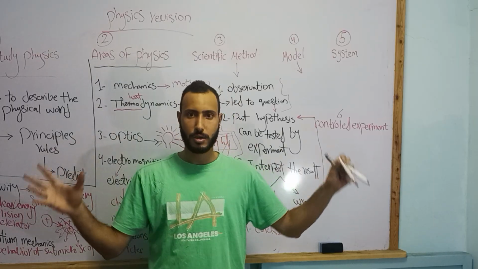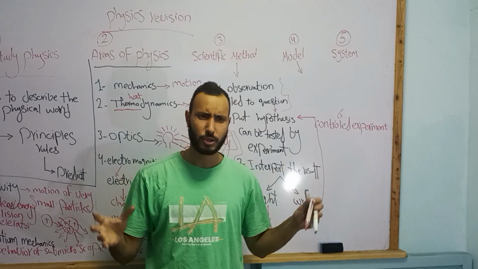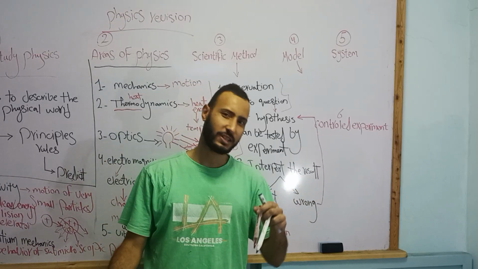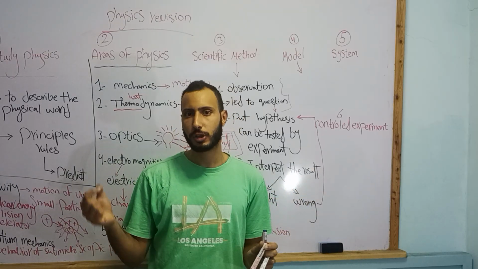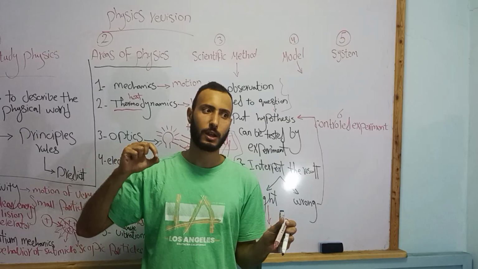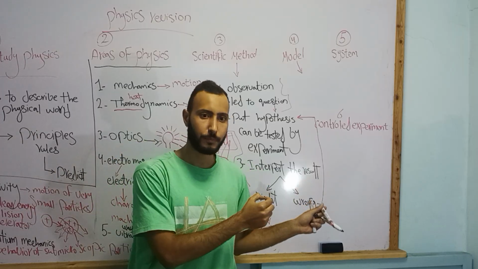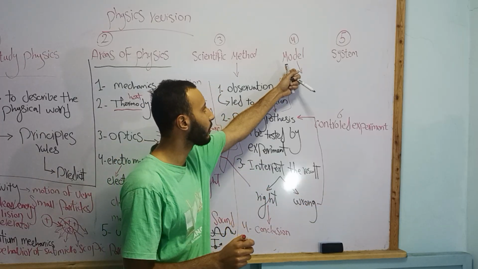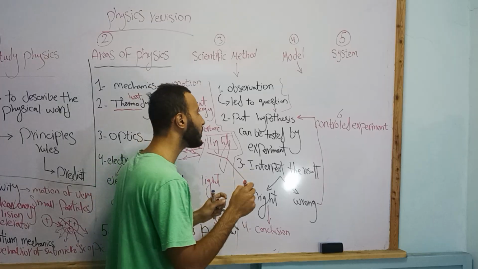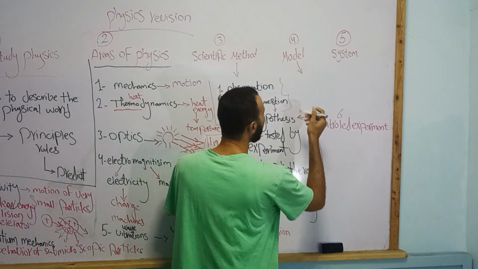And another larger pole for the sun, okay? So each pole is a representation for the planet. So we can say that right now the model is a representation for something, okay?